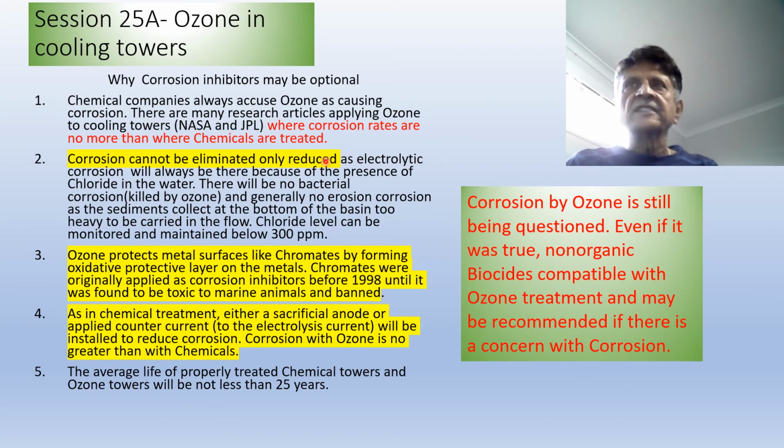The reason is electrolytic corrosion will always be there because of the presence of chlorides in the water. So there will be no bacterial corrosion if ozone is used because the bacteria is killed, and there won't be erosion corrosion as the sediments are heavy, collect at the bottom of the basin, and will not be carried in the pipes, and therefore can be filtered off.